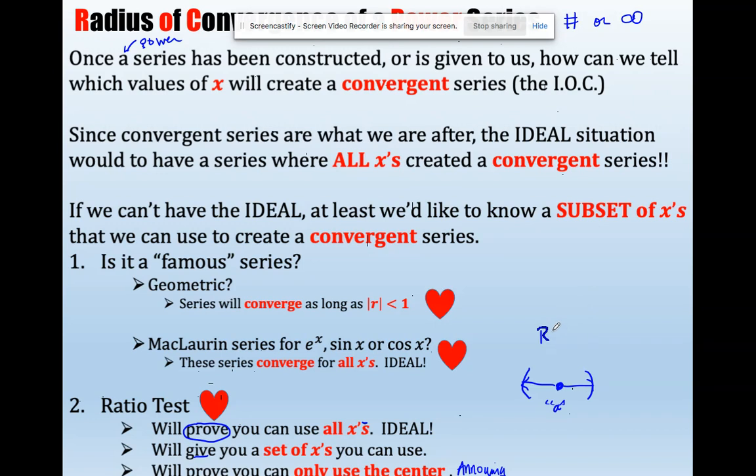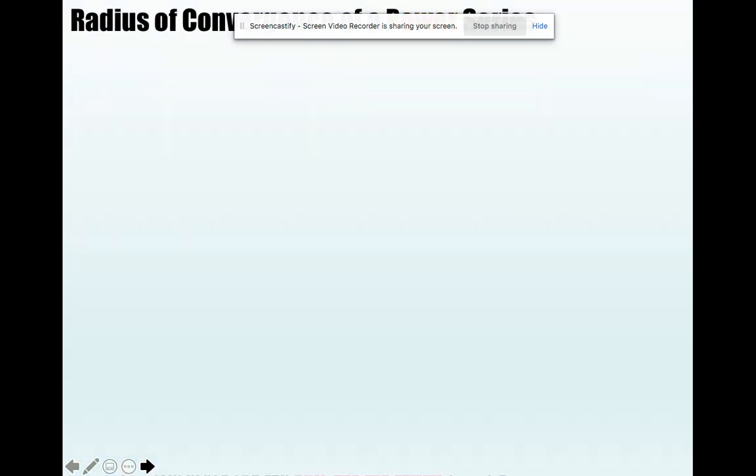If I say the radius of convergence is 5, then from the center, the point of tangency, you can go 5 units to the right and 5 units to the left, soft brackets, and pick any of those x's. And you will get a convergent numeric series. That's what the radius of convergence says, all from the center.